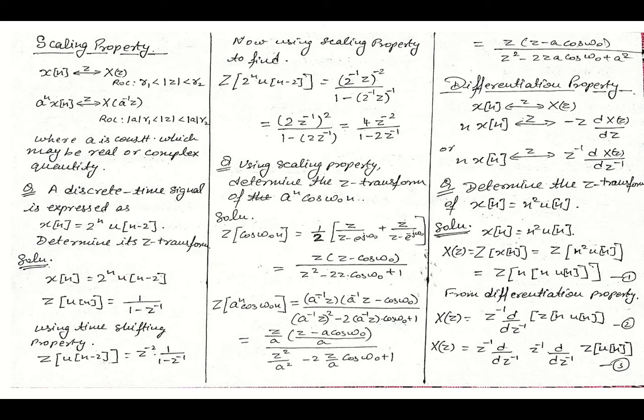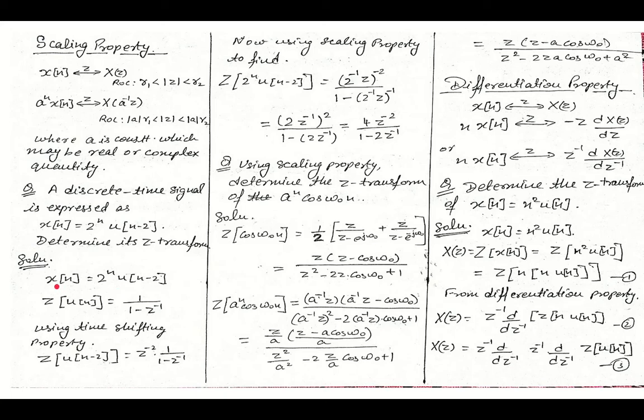Firstly, since it is n minus 2, we have to utilize the time shifting property, and then since it is 2 to the power n, we have to utilize the scaling property as well. So first we will utilize the time shifting property, and then subsequently we will scale that.